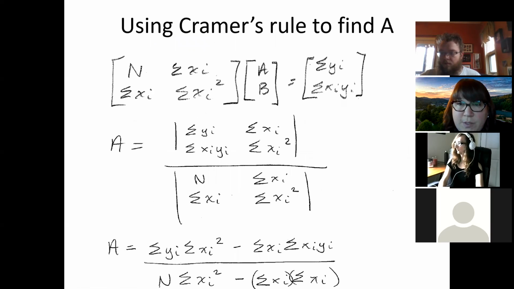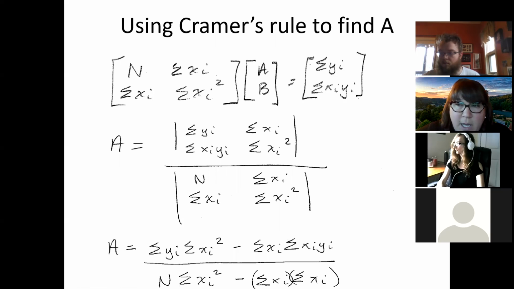So what we're going to do is use Cramer's rule to find a. And you just follow an algorithm. If you have a matrix set up like this, where you have a matrix times a column is equal to a column, then you can solve for a and solve for b using Cramer's rule.